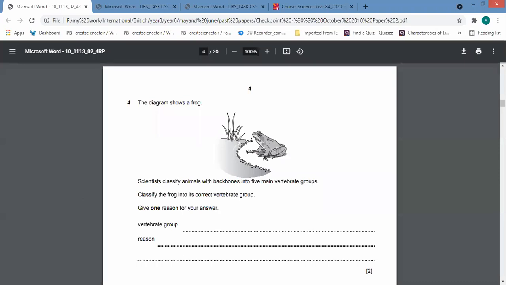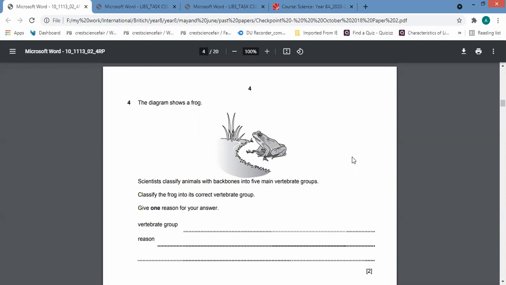Firstly, we know that animals are classified into 2 major groups or 2 major phylum, vertebrates and invertebrates. The difference between vertebrates and invertebrates is the existence of backbone or vertebral column.